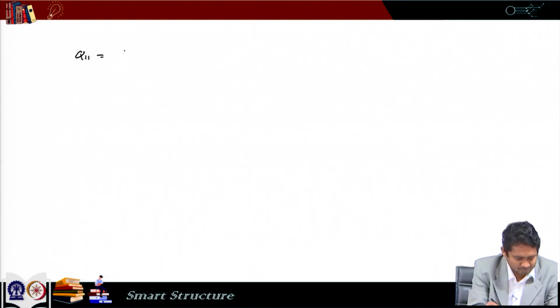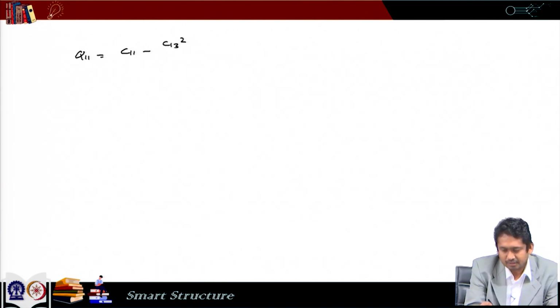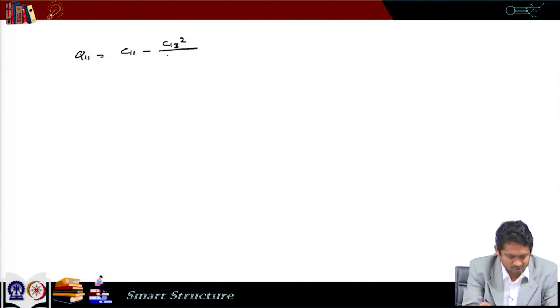the expression for the individual components of that Q matrix looks like this: Q11 is equal to C11 minus C13 square divided by C33.